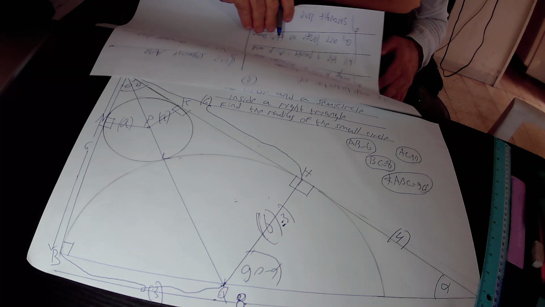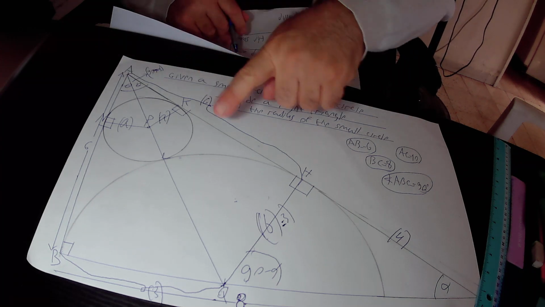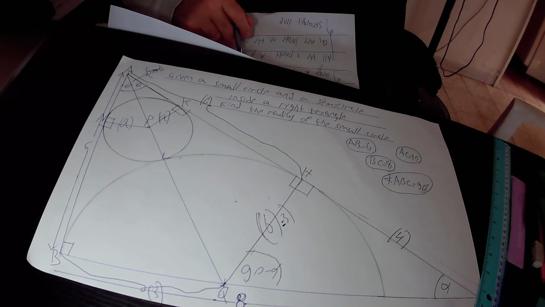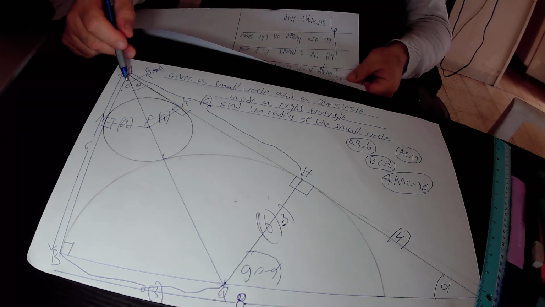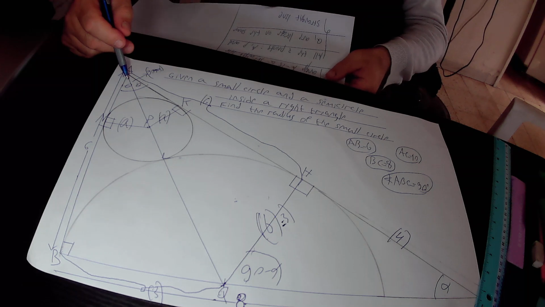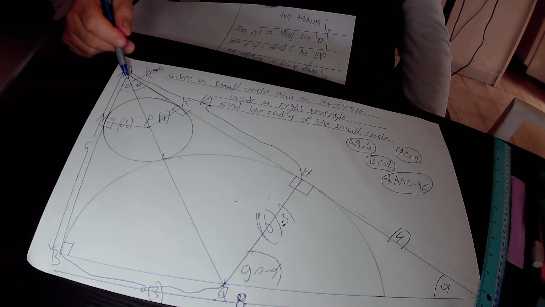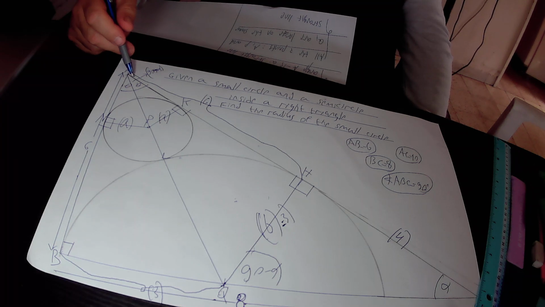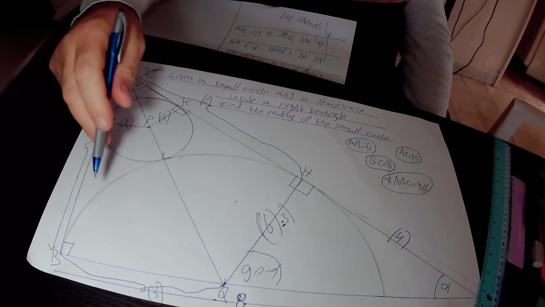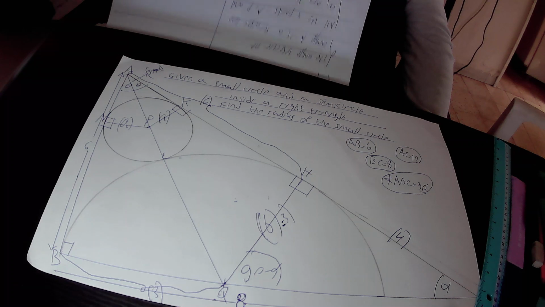And for the fact that line segment APQ is one straight line, it means that this angle theta is a common angle that belongs to both triangles. Angle theta belongs to the small right triangle AP, and angle theta also belongs to the big right triangle, triangle ABQ.